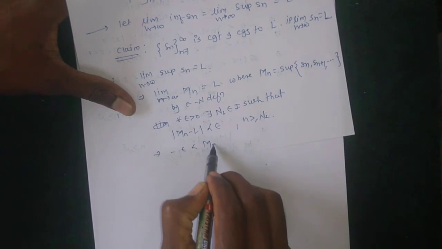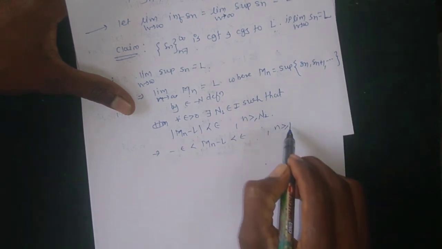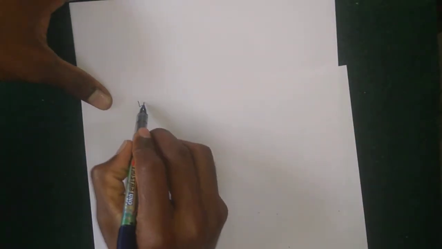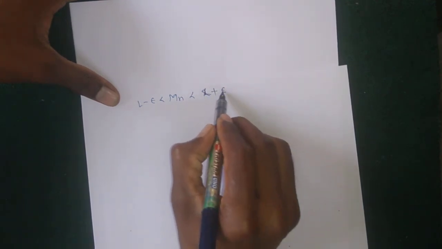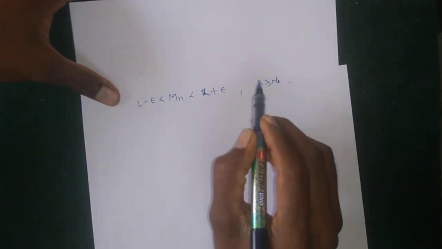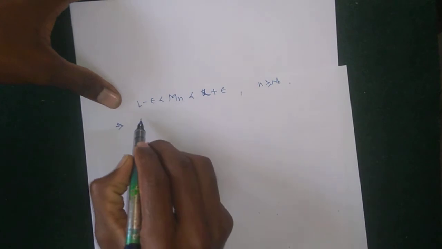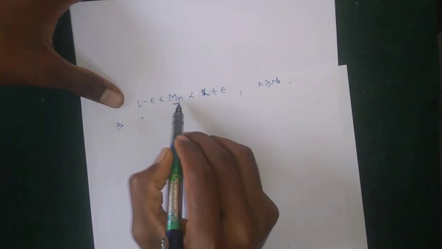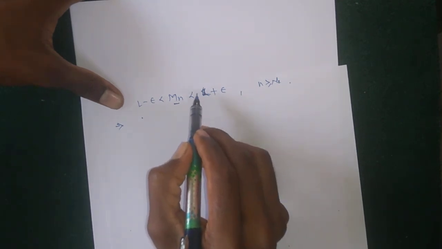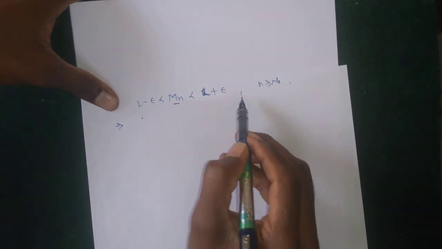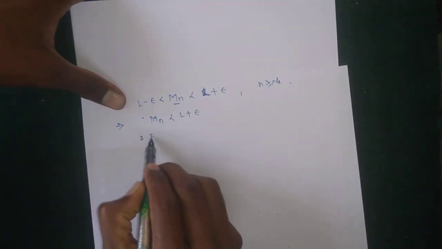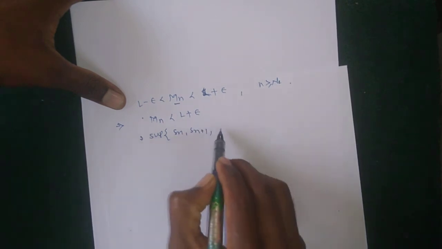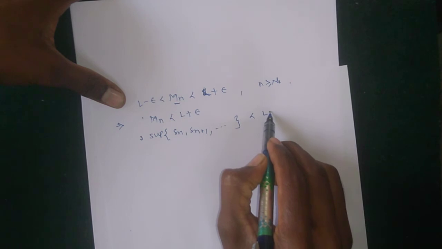Rearranging, minus epsilon is less than Mn minus L, which is less than epsilon, and therefore L minus epsilon is less than Mn, which is less than L plus epsilon, for all n greater than or equal to n1. This implies that all terms of Mn must be less than L plus epsilon, which implies that the supremum of Sn+1 and so on must be less than L plus epsilon.